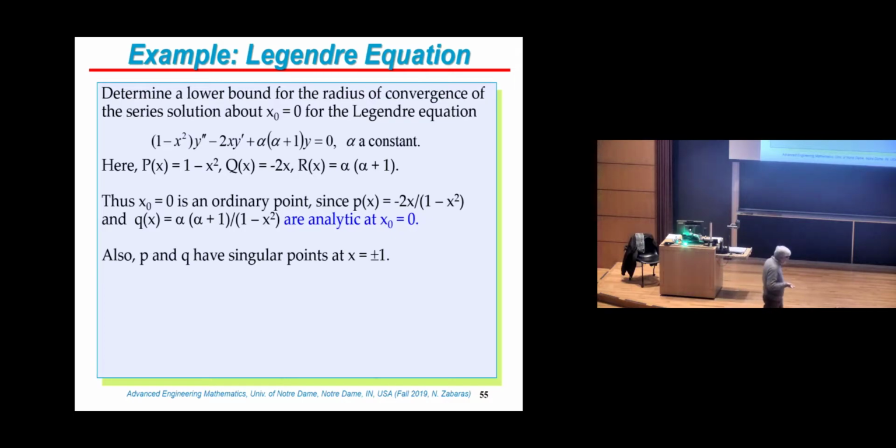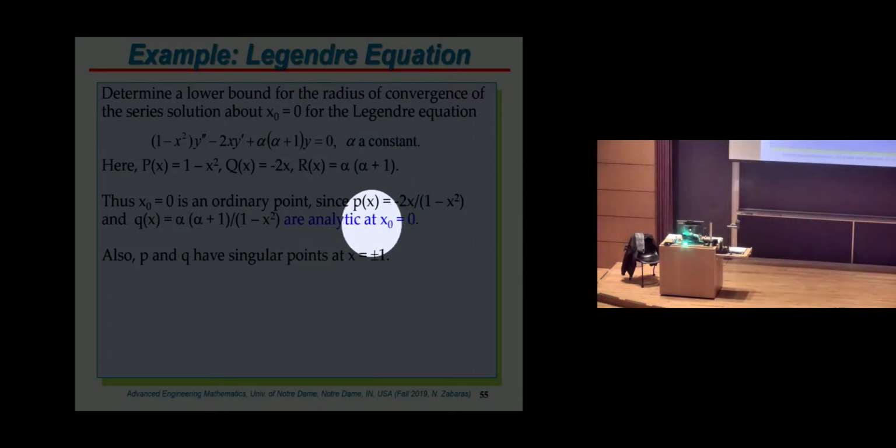One of the things you're interested in is to compute the solutions of the Legendre equation around x0 equal to 1. Is x0 equal to 1? I'm sorry, x0 equal to 0. And you can see x0 equal to 0 is an ordinary point because 1 minus x squared is not 0. If you put x equal to 0, this is equal to 1.